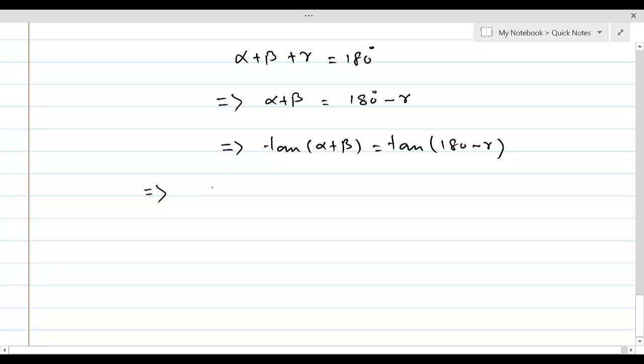So this will be equal to tan alpha plus tan beta divided by 1 minus tan alpha into tan beta, equal to, because this angle 180 minus gamma is in the second quadrant, therefore this must be minus tan gamma.